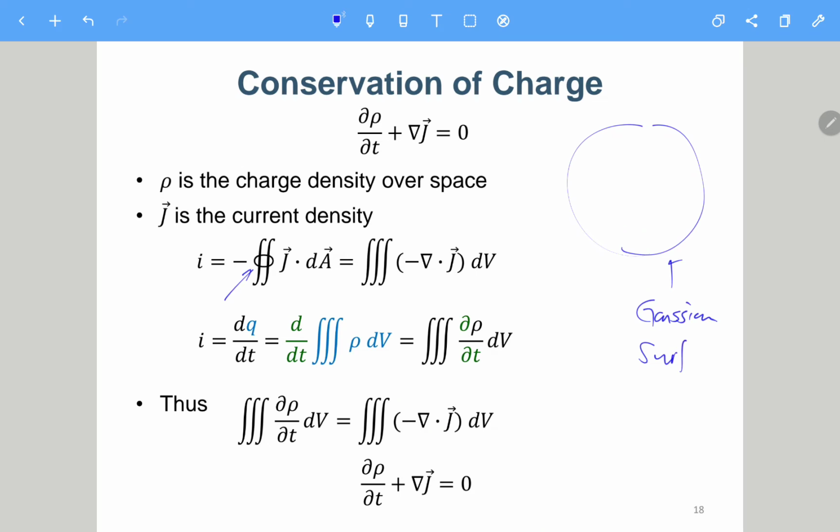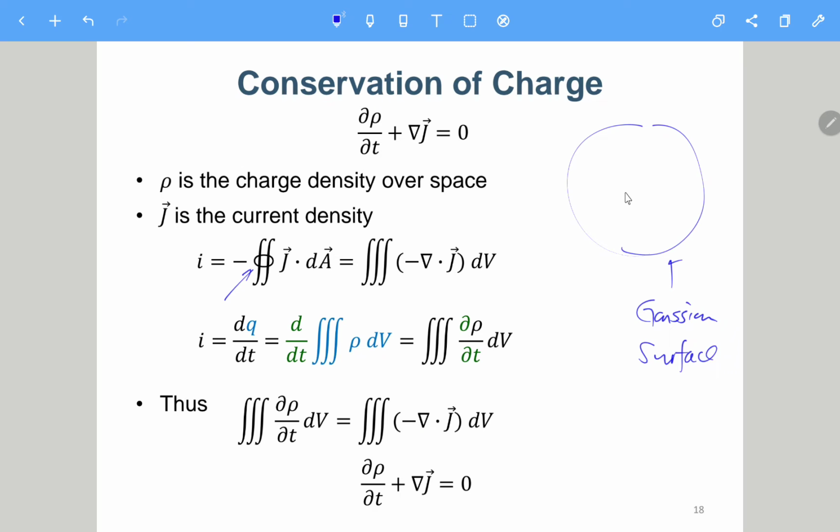Of course it is in 3D, but I can only draw it in 2D. So suppose we have a region, you can assume it is a sphere. We define this as a Gaussian surface, and within it is a sphere.